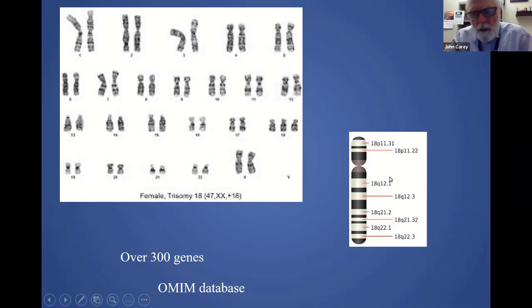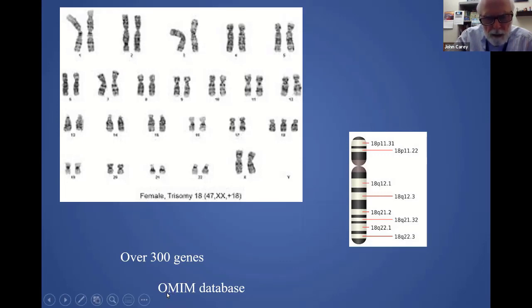There were conventions in the 1970s, 80s, and 90s that named all the bands. And then as we got better at defining them, they even changed some of the naming system. There are probably 400 plus genes on the number 18. And if you have any desire to know all of the known 400 genes on chromosome 18, you can go to the OMIM database.